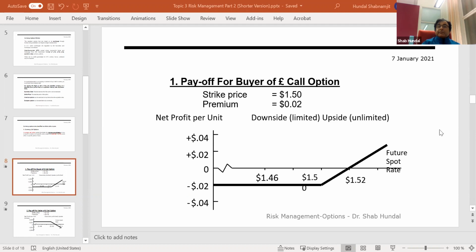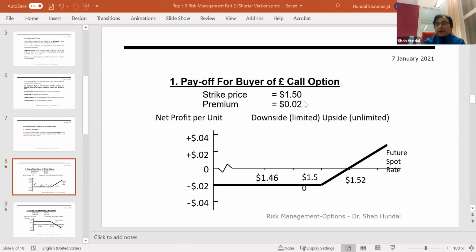Just imagine that the market price of a pound when you are making a decision to exercise the option is 1 pound equal to 10 American dollars. But you have the right to buy at 1.50, and then you buy at 1.50 and sell in the market for 10, if you're a speculator. And look, your gain can be huge.